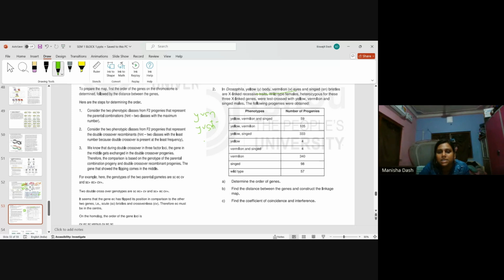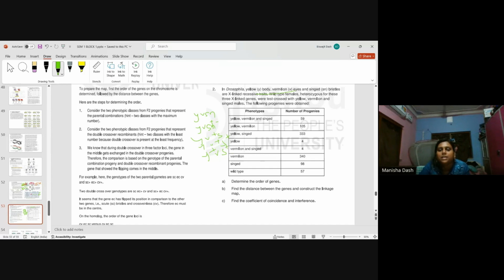Now for this it is Y and nothing is written, so it is V plus and S. And this genotype is Y, V plus, S plus. Then this genotype is vermilion and cyan, so that means it is Y plus, then V and S plus.